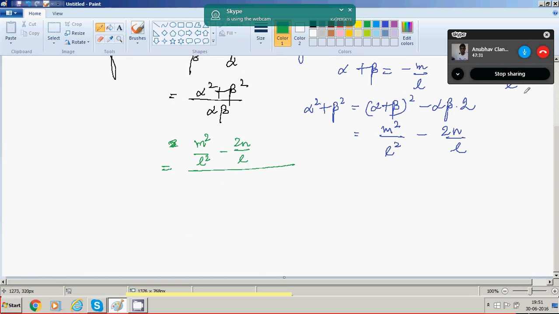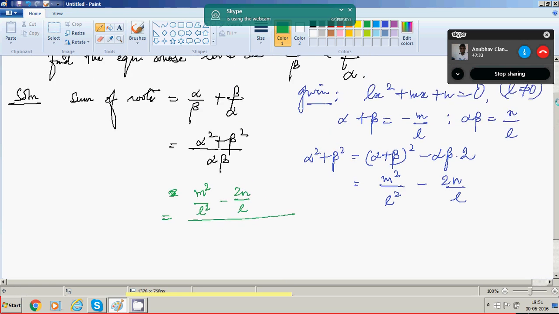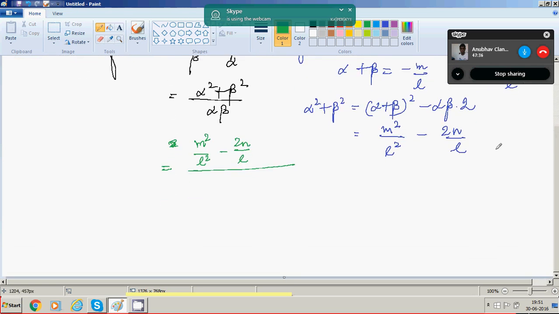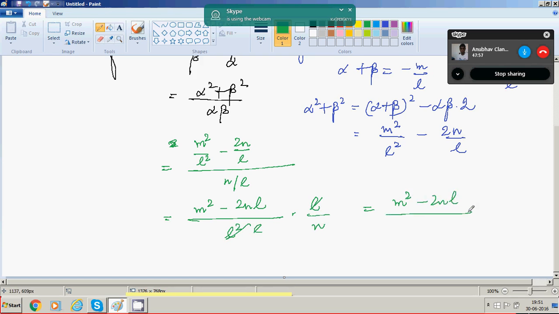Over alpha beta: m squared minus 2nl over l squared times l over n. So equal to m squared minus 2nl by nl.